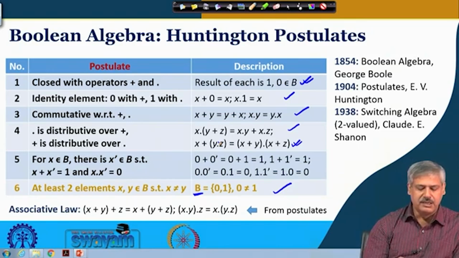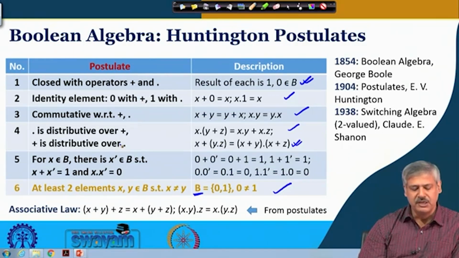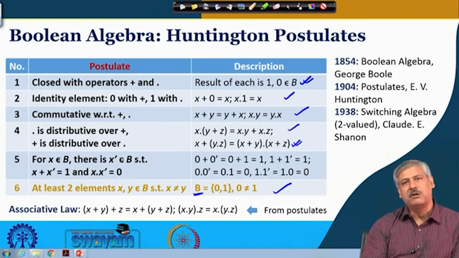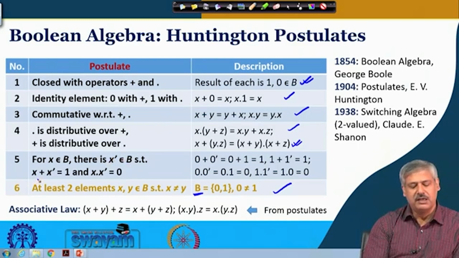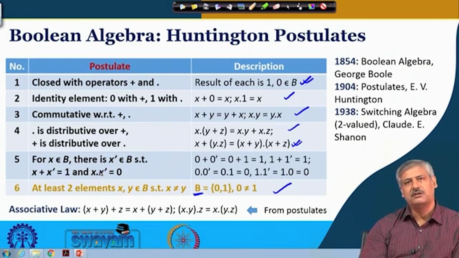And finally, after identity, commutative, and distributive, we come to the complementarity postulate, where it says that if x is an element of set B, then there exists an x complement such that x plus x prime is 1 and x dot x prime is 0. That is again one unique thing about Boolean algebra, unlike ordinary algebra.